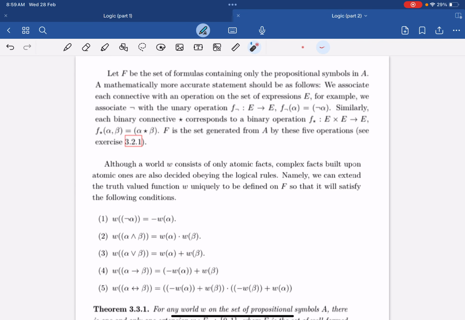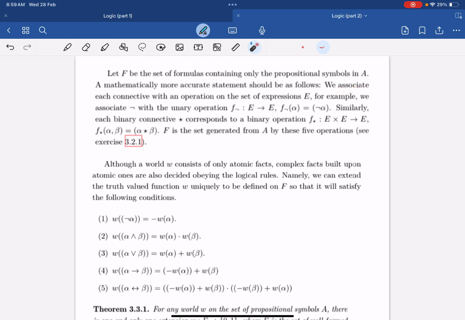So let F be a set of formulas. A formula, as we already stated, is just an expression that's well formed. So it's just like you've got P1 or P2, then you've got the brackets, only containing the propositional symbols in the A that we were talking about earlier, that is satisfied by a world.